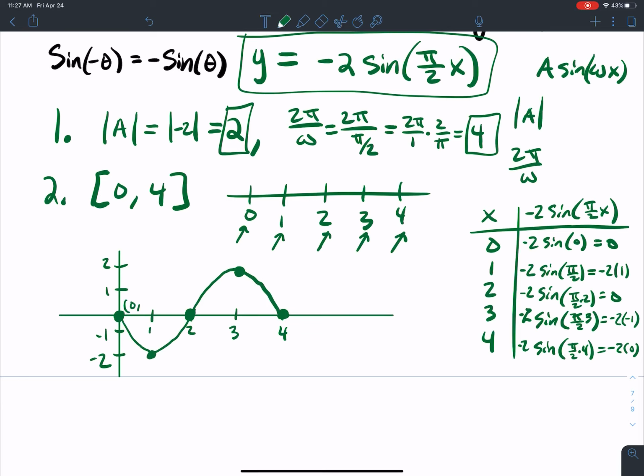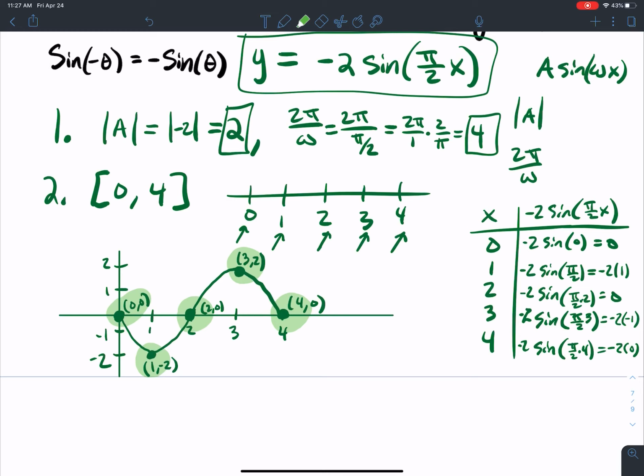So 0, 0, 1, negative 2, 2, 0, 3, 2, and 4, 0, right there. So my critical points, the 5 key points, we have right there, okay?